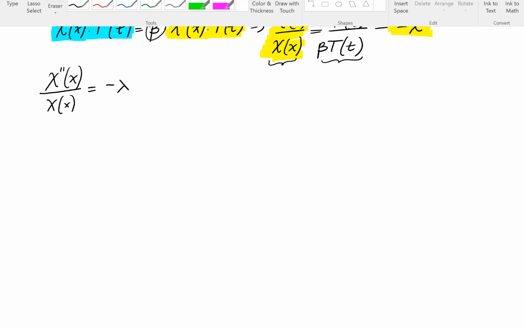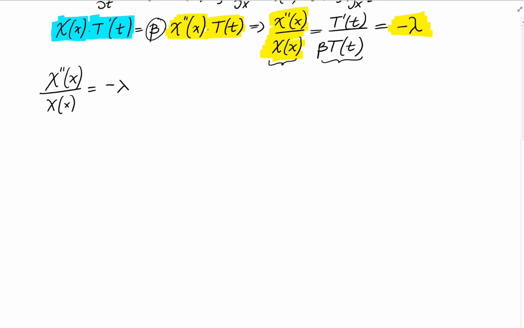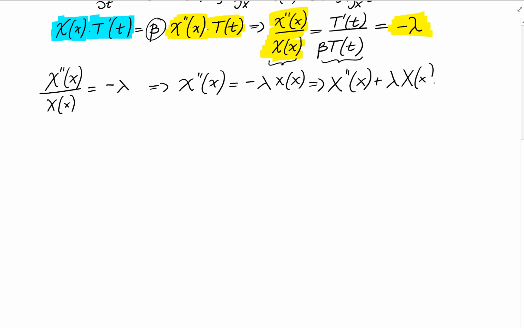So if we take a look at the equation that we wrote, this can be written X''(x) equals negative lambda X(x), or I can just move all the terms on one side, where we have a second order homogeneous ODE, right? Ordinary differential equation. So how do we solve it?